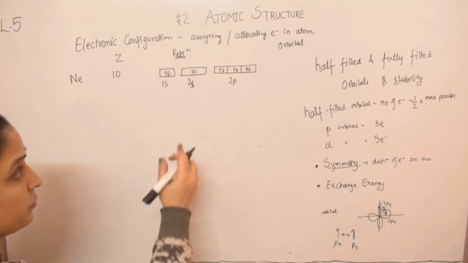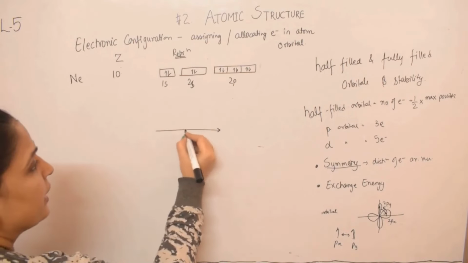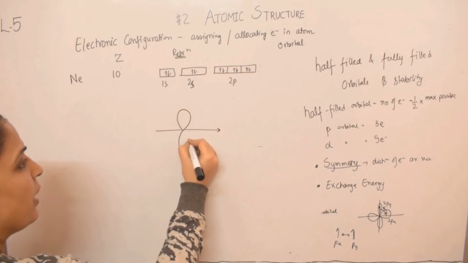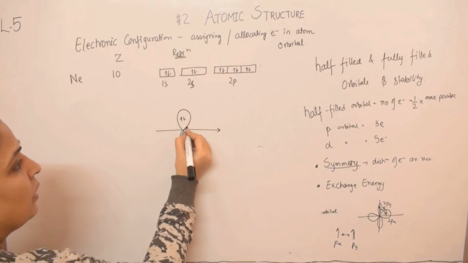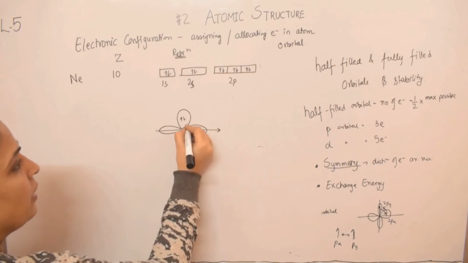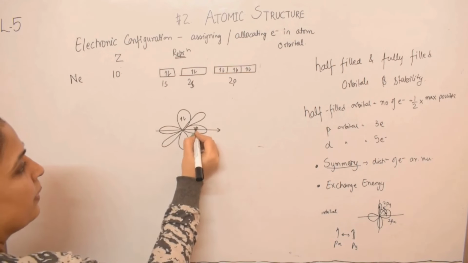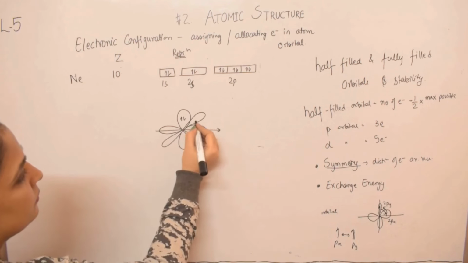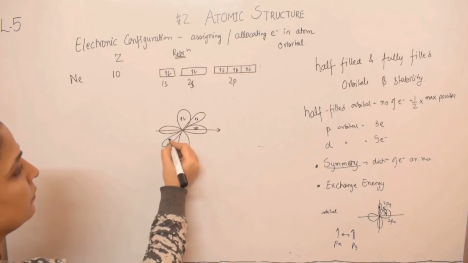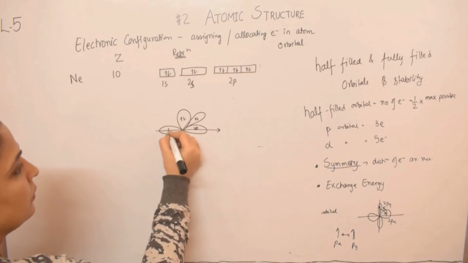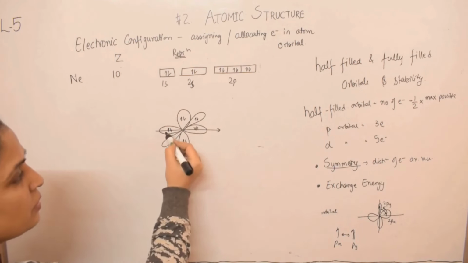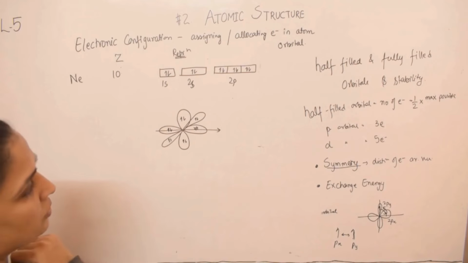So here again the electrons are along x, along y and along z. So you can see there is a symmetrical distribution of the charge.